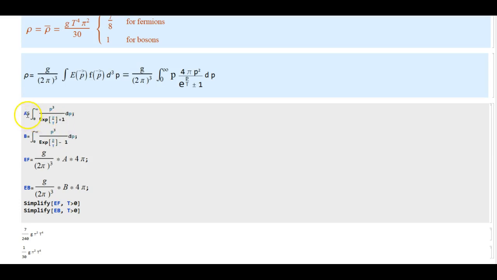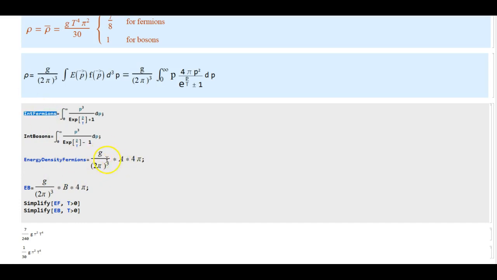For plus one is the fermion integral, for fermions, and this is the integral for bosons, and E_F is the energy density for fermions, and this is the integral for fermions, and energy density for bosons.